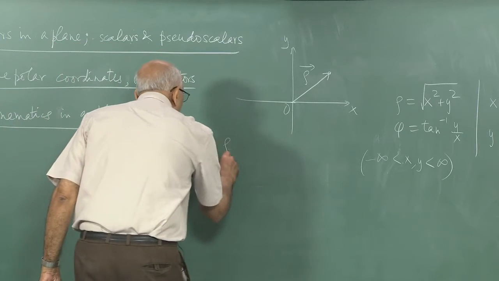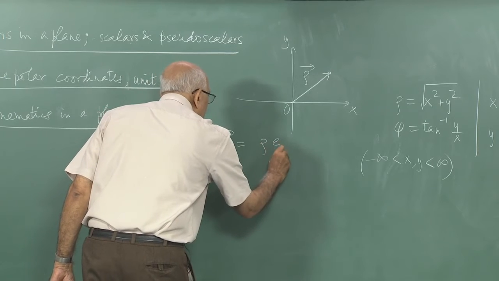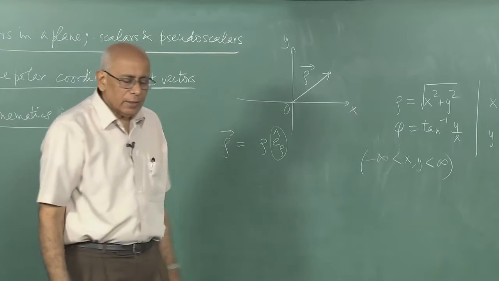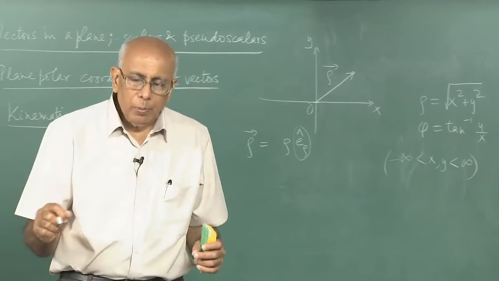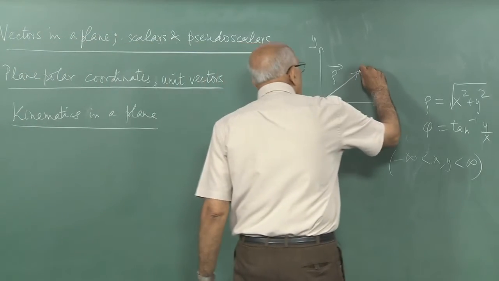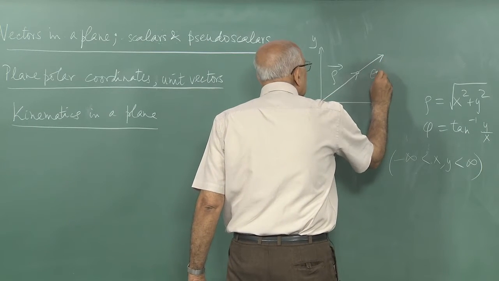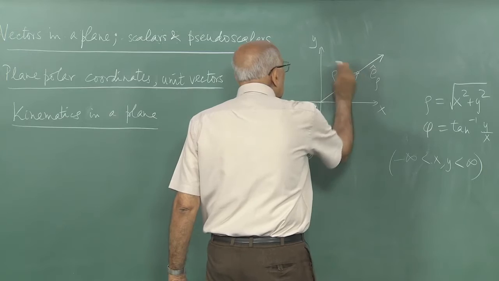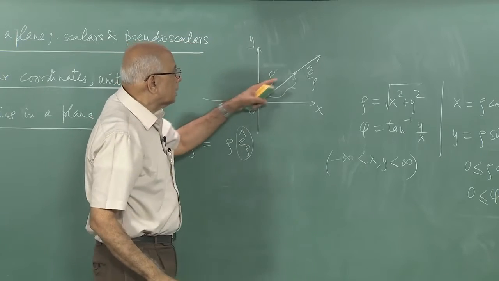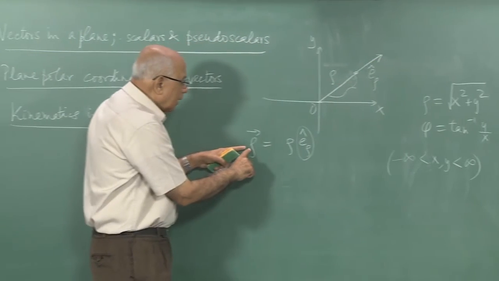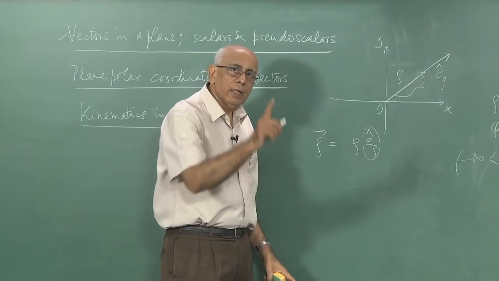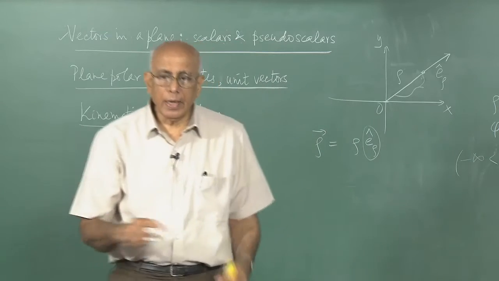So we immediately have the vector rho equal to rho times E sub rho, where this is the unit vector in the radial direction, pointing away from the origin along the line joining the origin to that point. So it's clear that the radius vector from the origin to any point is the magnitude rho multiplied by the radially outward unit vector. I will call this the radial direction.